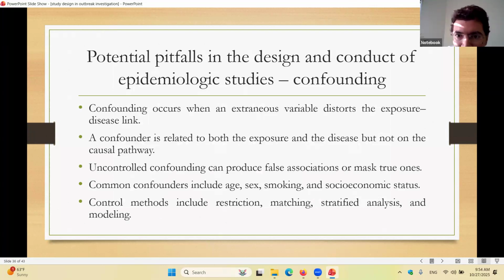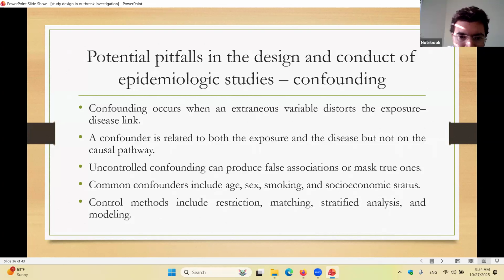Another pitfall is confounding. Confounding occurs when an extraneous variable distorts the exposure disease link. A confounder is related to both exposure and the disease, but not on the causal pathway.